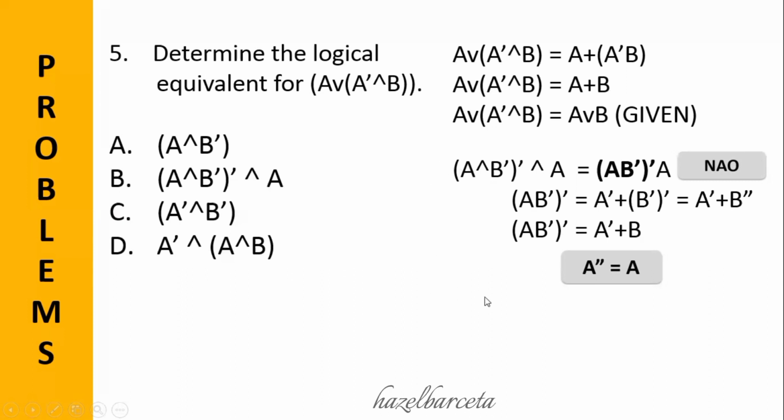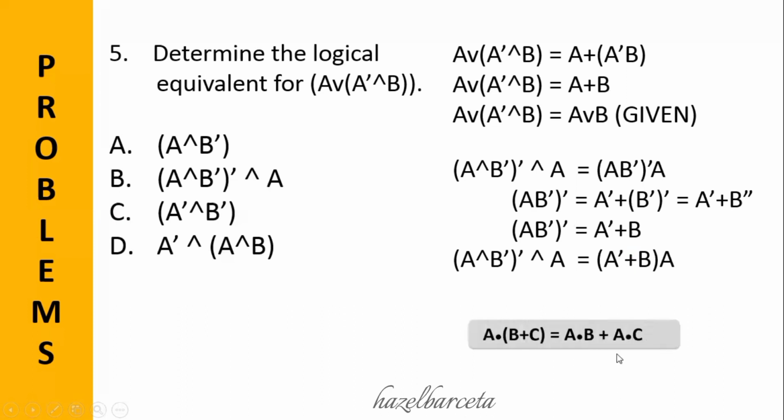Going back to the expression, A prime plus B times A. Okay? Inuna lang po natin isimplify ang ating negative, ito, or negation. Okay? So, what's next? Okay, this one.